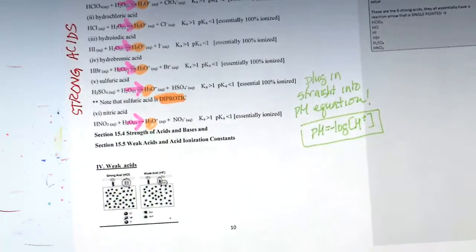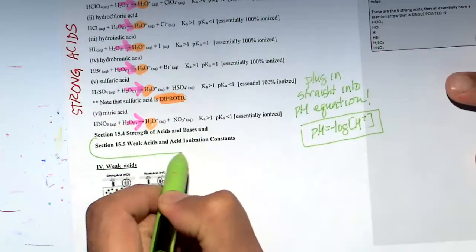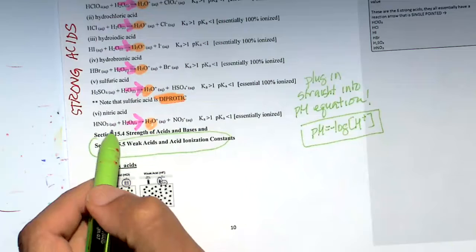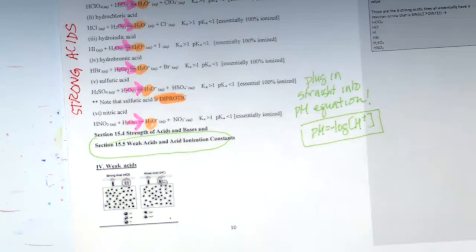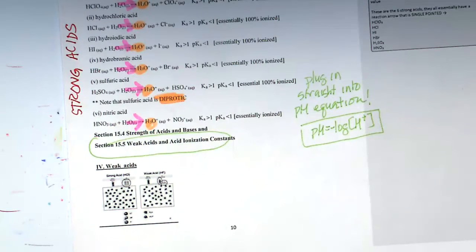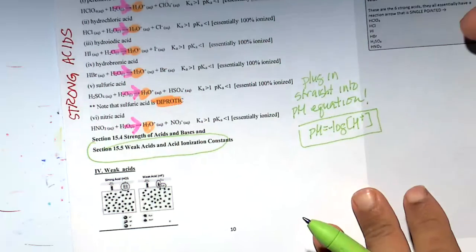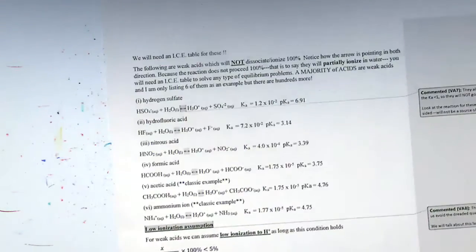The weak acid situation is going to be different. For the weak acids on our next page, we're going to use ice tables. Unfortunately, we have to use ice tables. We did some ice tables in our quiz and on our exam. Anytime you see weak acids, we have to use ice tables.